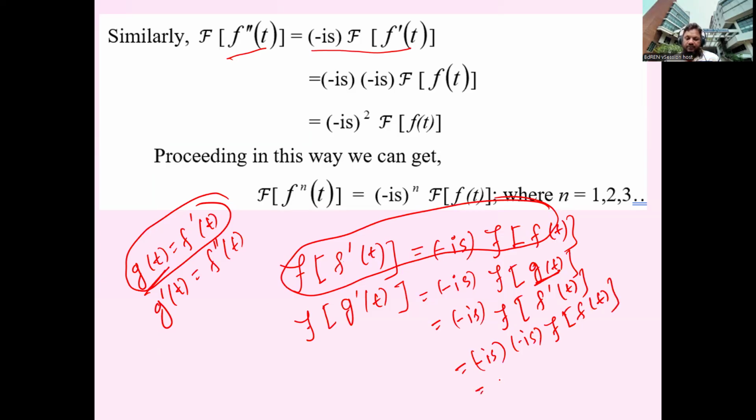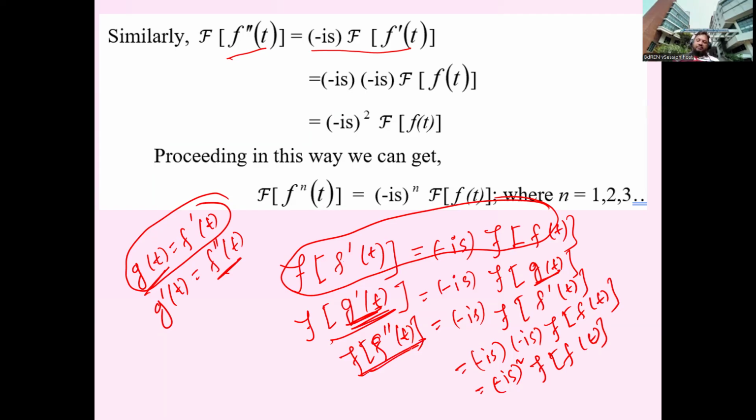That is minus is whole square Fourier transform of f of t, and g prime t can be written as f double prime t. So the second derivative of the function can be written as minus is square Fourier transform of f of t.